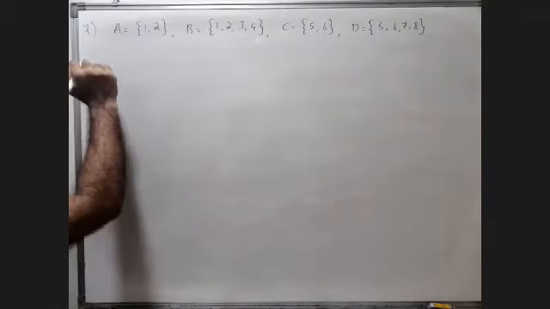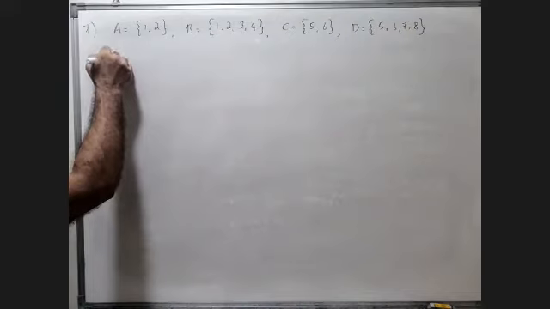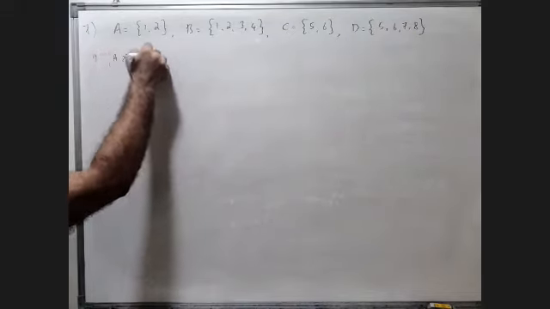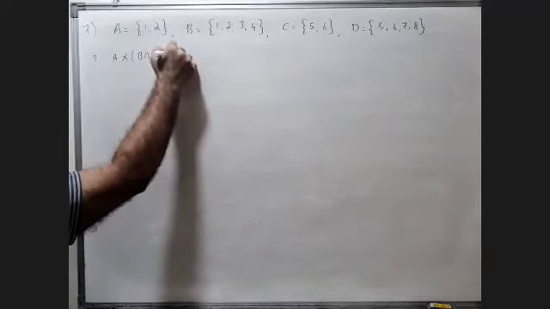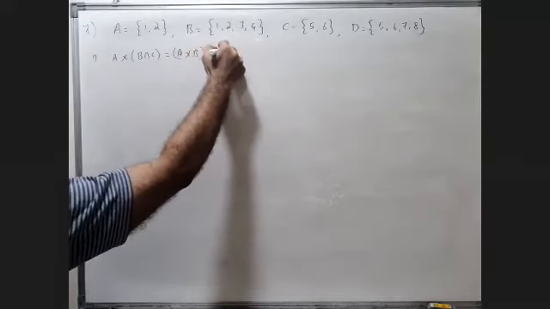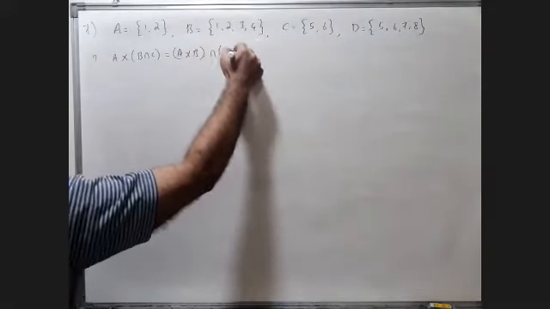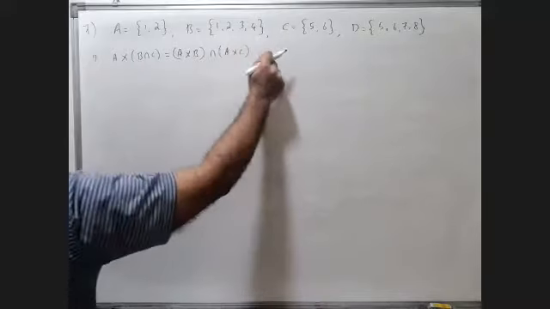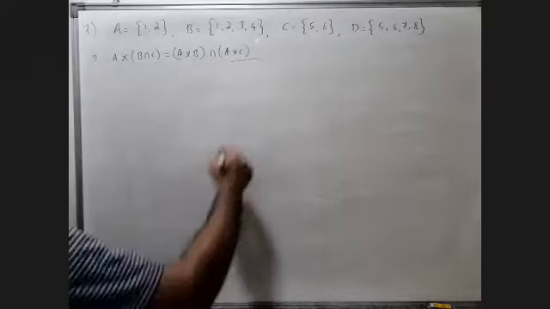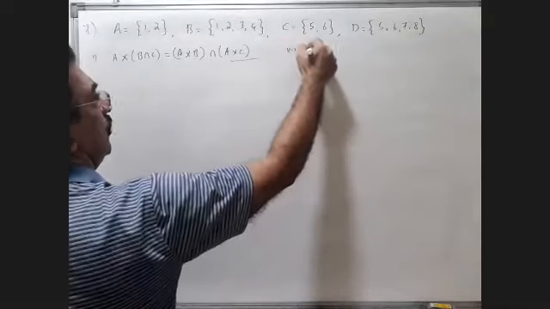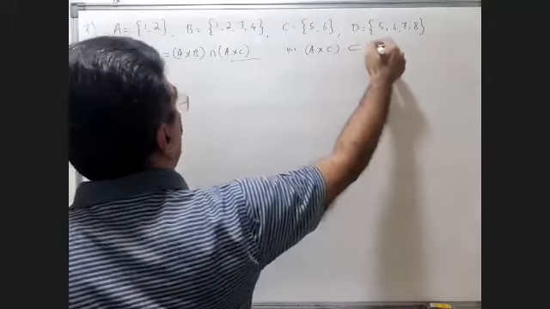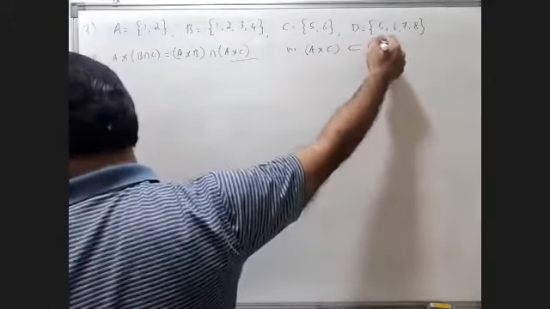First bit is A cross (B intersection C) is equal to (A cross B) intersection (A cross C). Second bit: A cross C is a subset of B cross C.